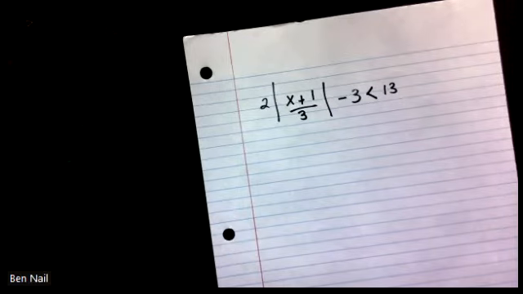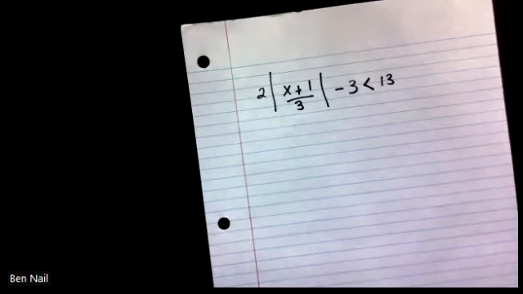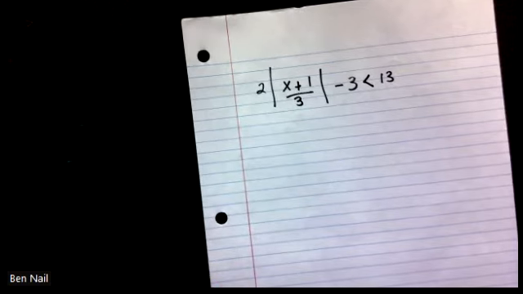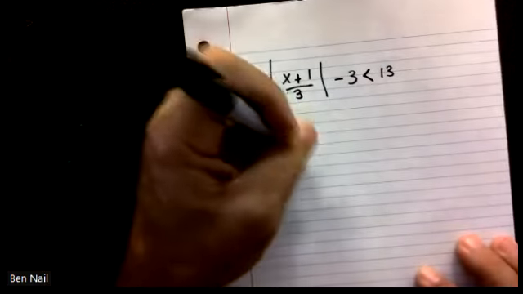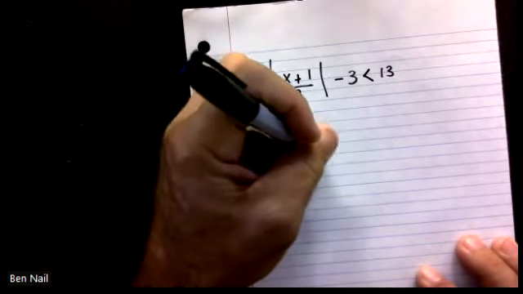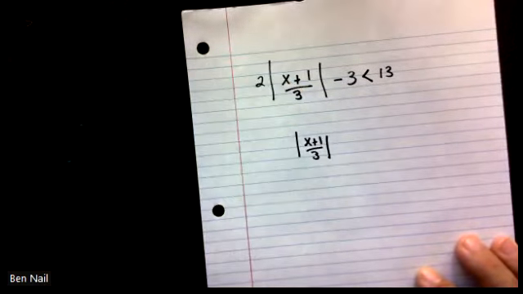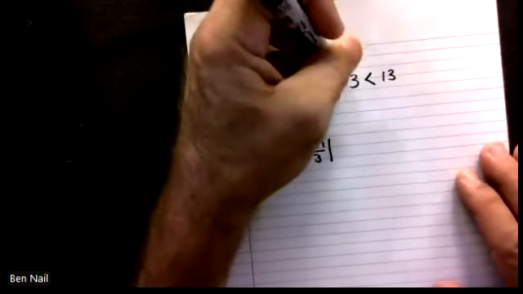All right, so again, 2 absolute value of x plus 1/3 minus 3 less than 13. Okay, same game, still get the absolute value by itself. To do so, we're going to do the same step we've been doing. So to get rid of the -3, we're going to add.